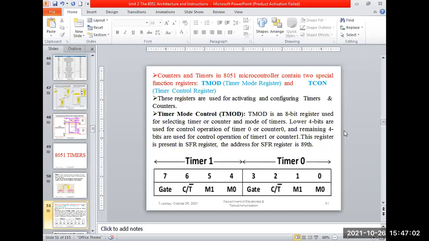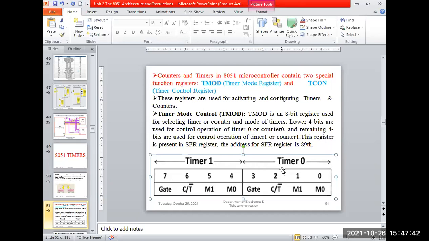That is TMOD, capital TMOD, called the timer mode register, and the second is TCON, the timer control register.